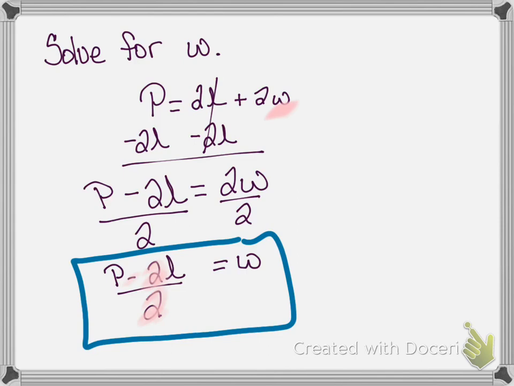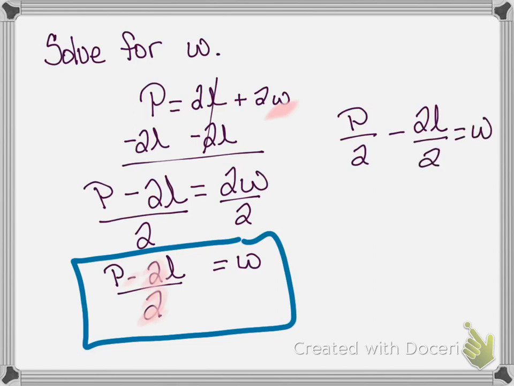What you have to remember is that this 2 on the bottom belongs to the P and it belongs to the negative 2L. So you can't cancel the 2 completely unless there's a 2 in front of the P also. But what you could do is write this as P over 2 minus 2L over 2.